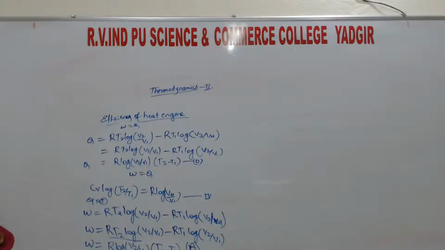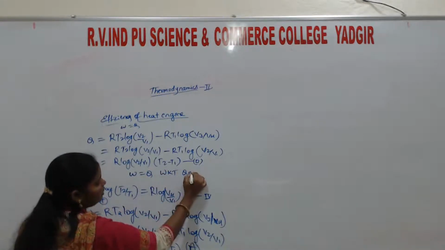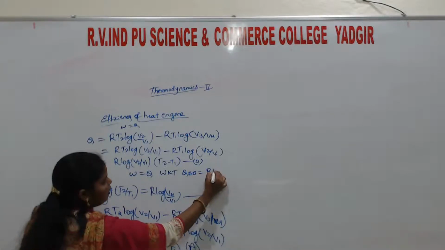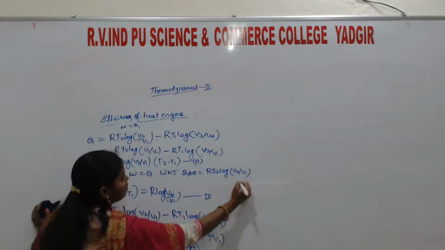And here we know that QAB is RT2 log of V2 by V1.